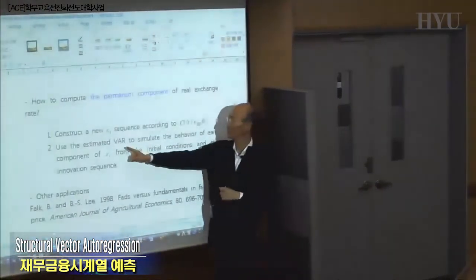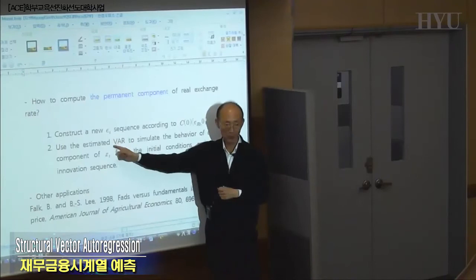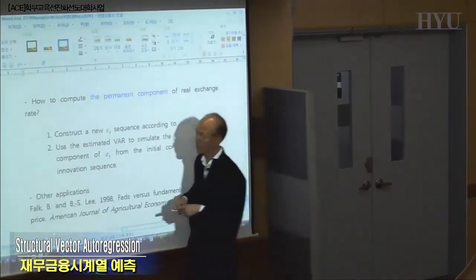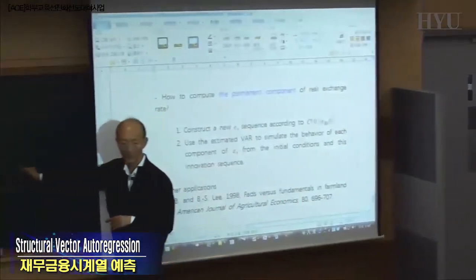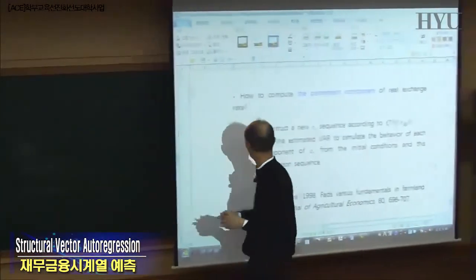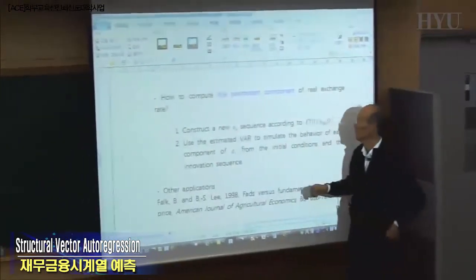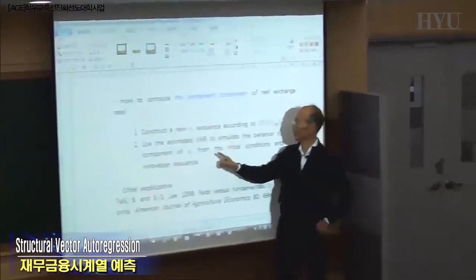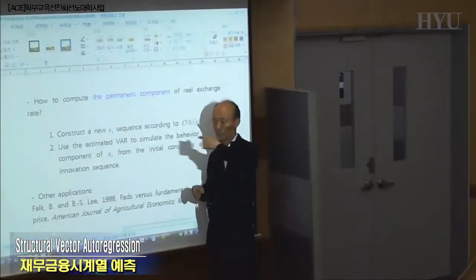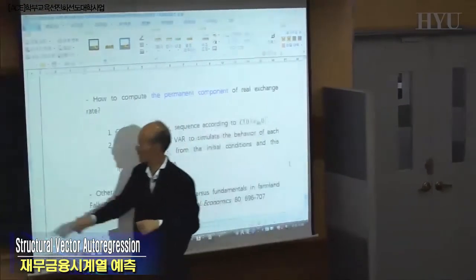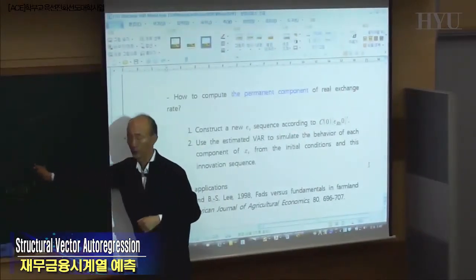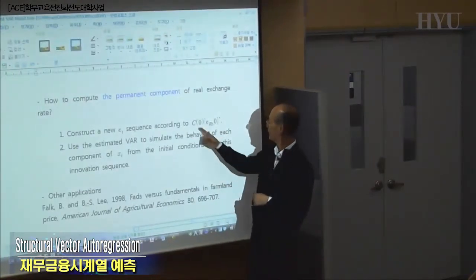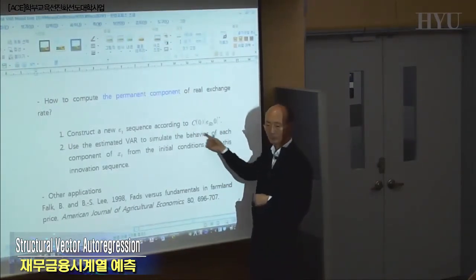Then we have estimated VAR, right? We have initial condition for data, right? Initial value. We have initial value, right? Because we have estimated VAR, you can recursively calculate these two using not the original ET, instead this ET.